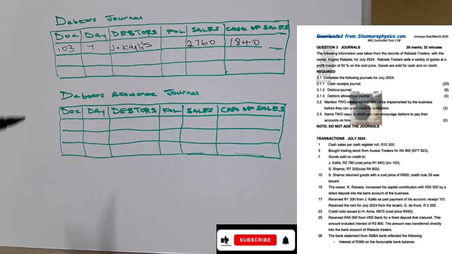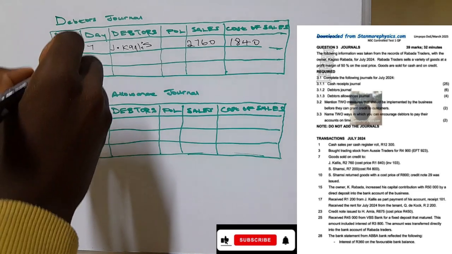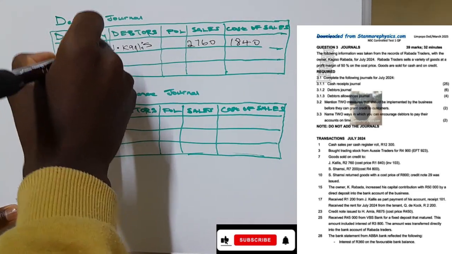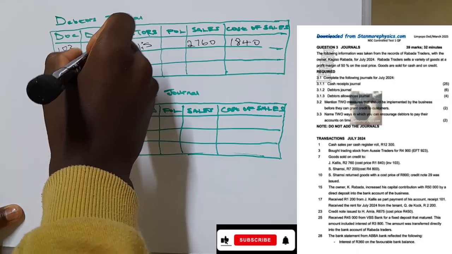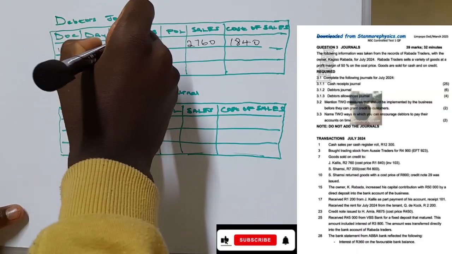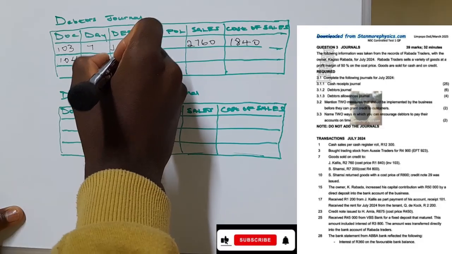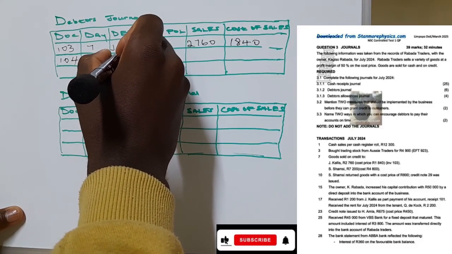Then we go to the second one. It says S. Shamisi, 7,200, which is for sales. Then cost of sales is 4,800. Then the document number here is going to be 104. There's no need to write the day because it is still 7. Then our debtor is S. Shamisi.